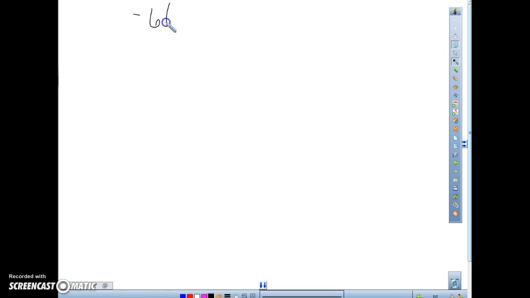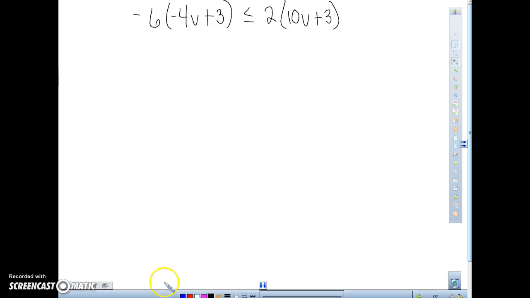Negative 6 times negative 4v plus 3 is less than or equal to 2 times 10v plus 3. Okay, this one, using your algebra skills, distribute your negative 6.